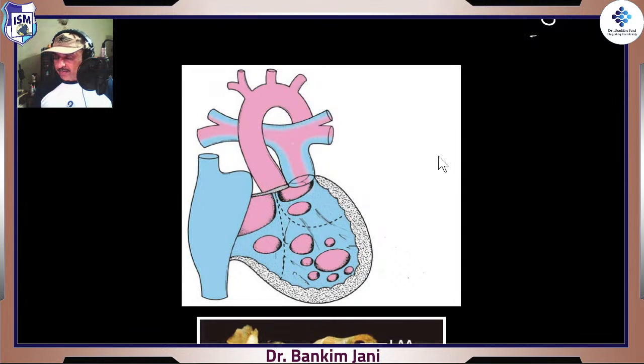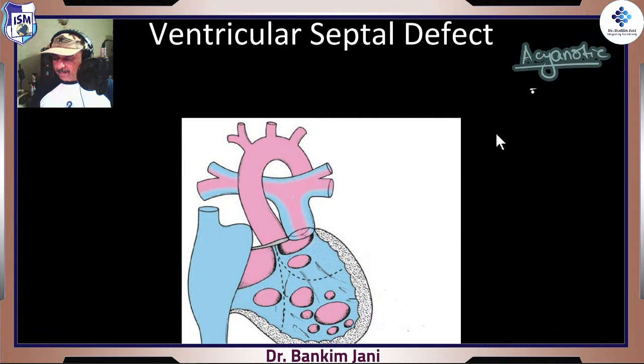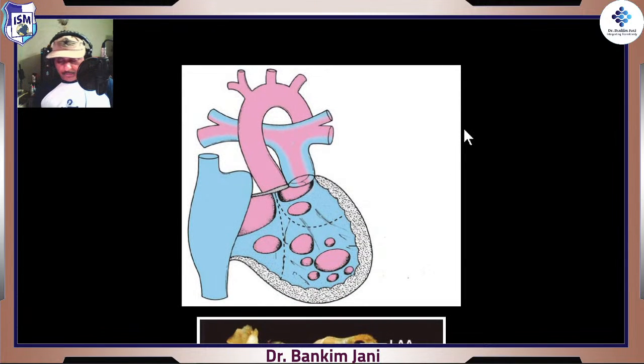Just let me create some space. Okay, so over here, when we talk about the right ventricle, it has one inlet and a second, the outlet. In the right ventricle, the inlet is what? The inlet is the tricuspid valve, correct?